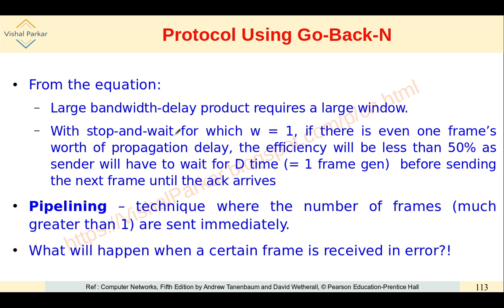Now, if W is equal to 1 in the case of the stop and wait protocol, even though there is even 1 frame's worth of propagation delay, the efficiency will always be less than 50%, because for every frame sent, it has to wait for the acknowledgement to get back, where that time will be equal to the propagation delay D. Now, in such a case, a technique called pipelining can be used, where a number of frames greater than 1 are sent immediately without waiting for the first frame's acknowledgement to be received.